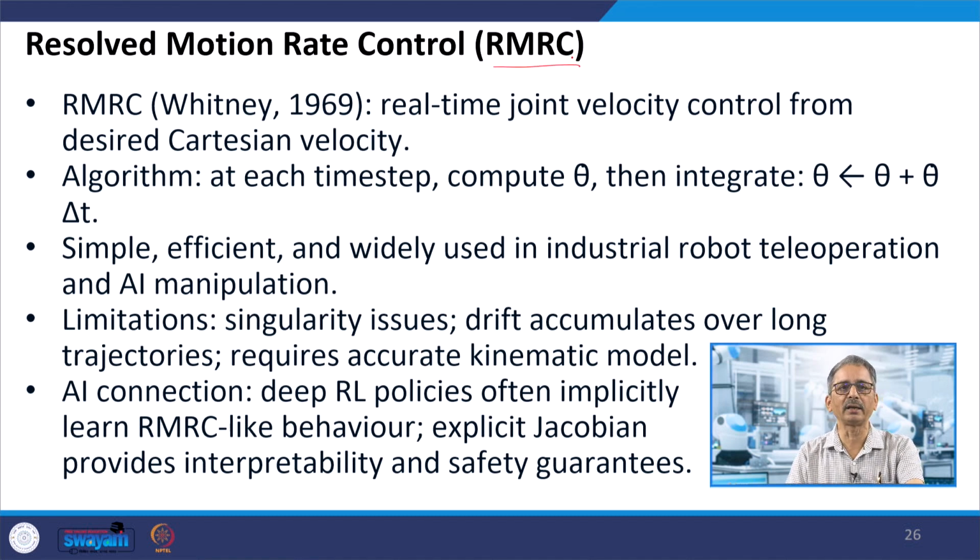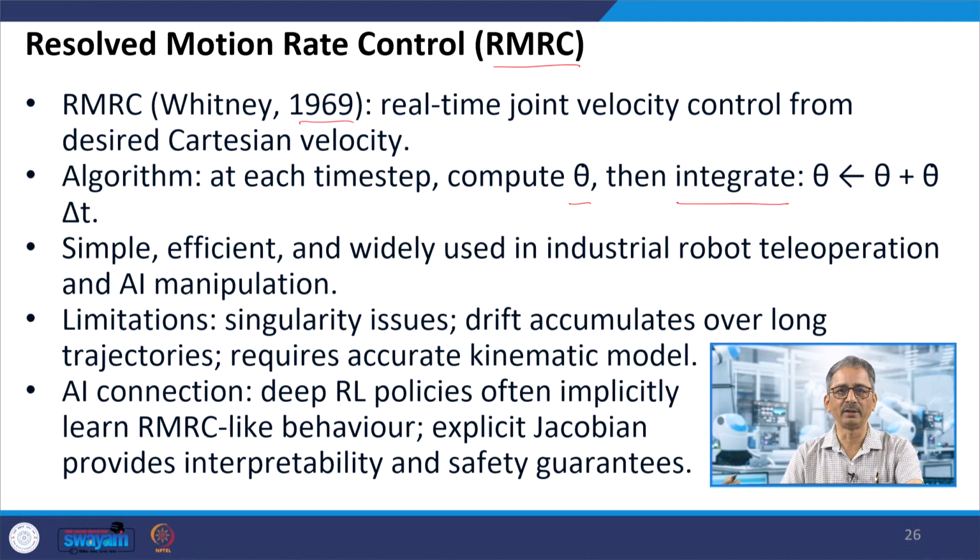It is an important concept given by Whitney in 1969, which is about real time joint velocity control from the desired Cartesian velocity. Essentially, in the algorithm, at each time step we compute theta dot and then integrate it. It is simple, efficient and widely used in industrial robot teleoperation and AI manipulation.